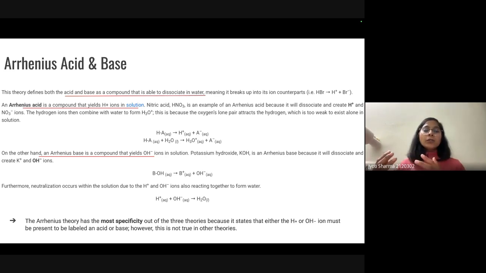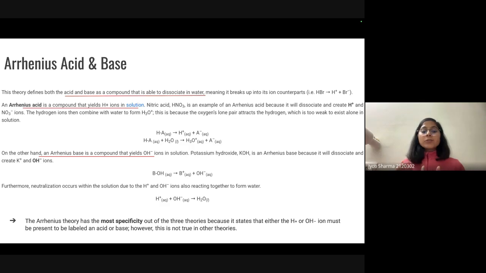So the definition was very limited, because this theory is based just on the solvent. You should have the solvent, you should have the solution.